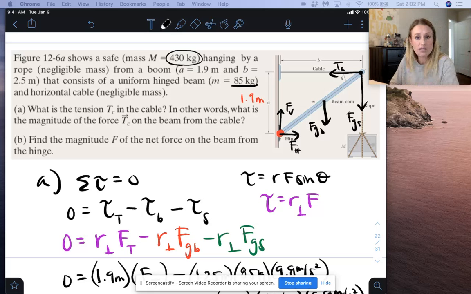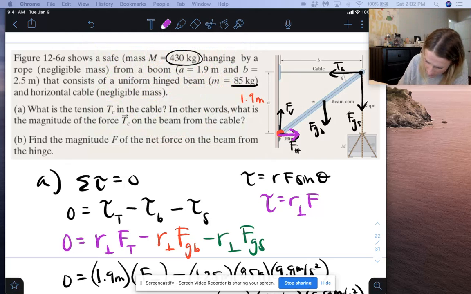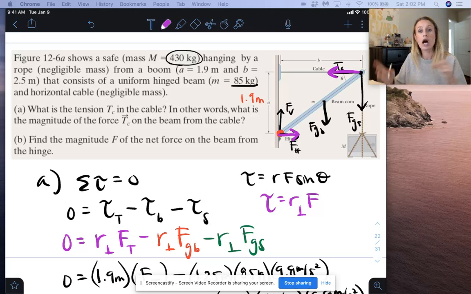So let's look at horizontal forces first because we only have 2 of them. We have the horizontal force from that axis of rotation, or the wall, on the beam, and then we also have the tension in the cable. These face opposite directions, which means they have to be equal to each other in order for our net force horizontal to be equal to 0.